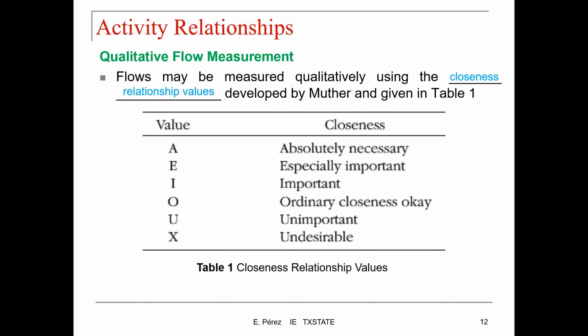In that case, you can use an X relationship value in which you say, okay, this is not desirable for these two. So that's the idea. Again, those are not the type of thing that you can define using a number. It is more of a qualitative characteristic.